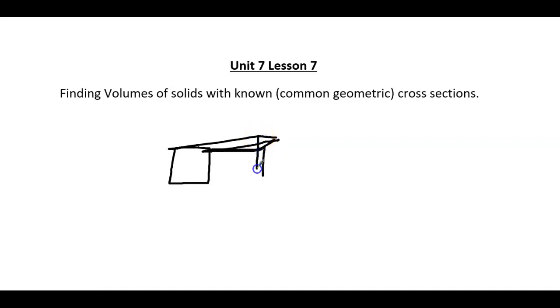Kind of hard to draw things here. Well, if you were to cut this rectangular prism down the middle, you would see a square, and that's a common geometric shape. And so when there's a common geometric shape as a cross section, then we can easily find the volume using integration, and that's what we're going for here today.